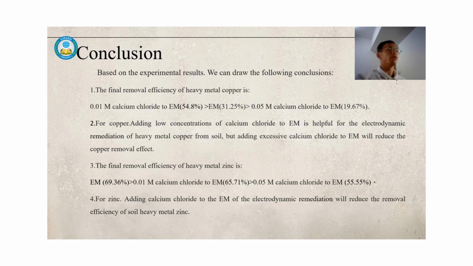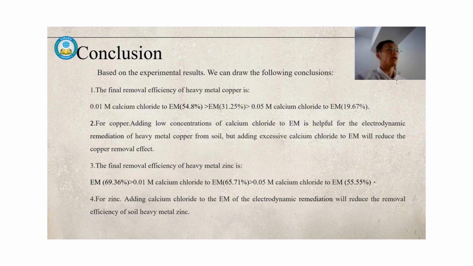We can infer, conclusion 2. For copper, adding a low concentration of calcium chloride to EM is helpful for the electrodynamic remediation of heavy metal copper from soil, but adding excessive calcium chloride to EM will reduce the copper removal effect.